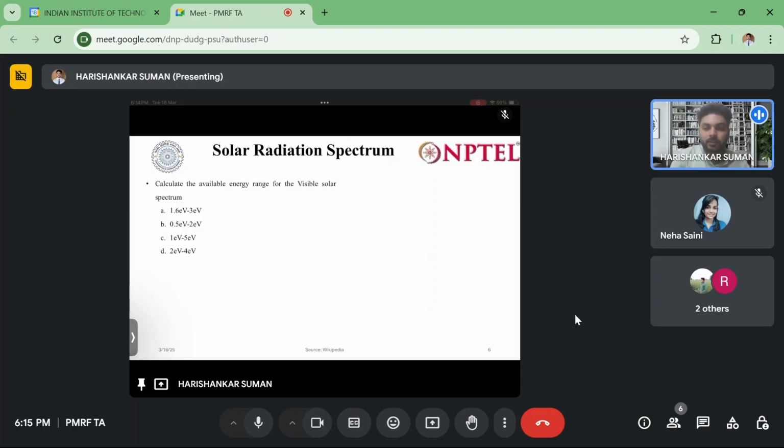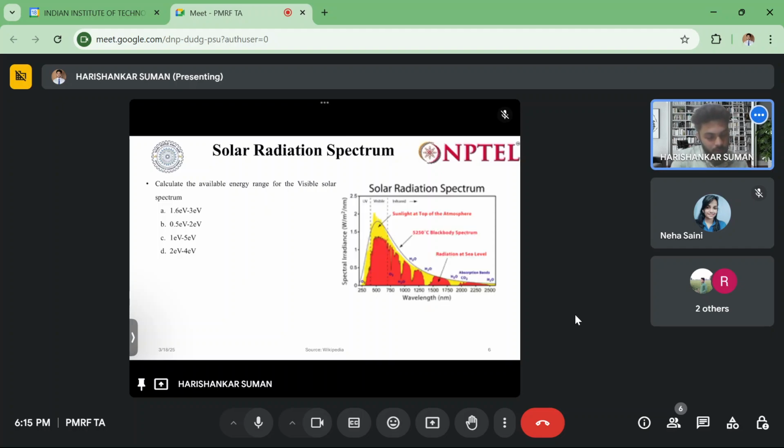Next question: calculate the available energy range for the visible solar spectrum. So in the visible range, how can you calculate the energy range? We know the formula, with lambda in nanometer, the energy will be in electron volt.